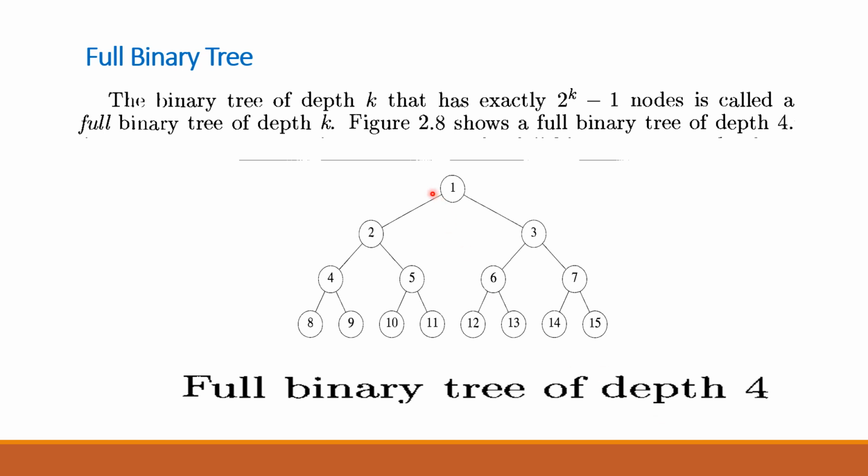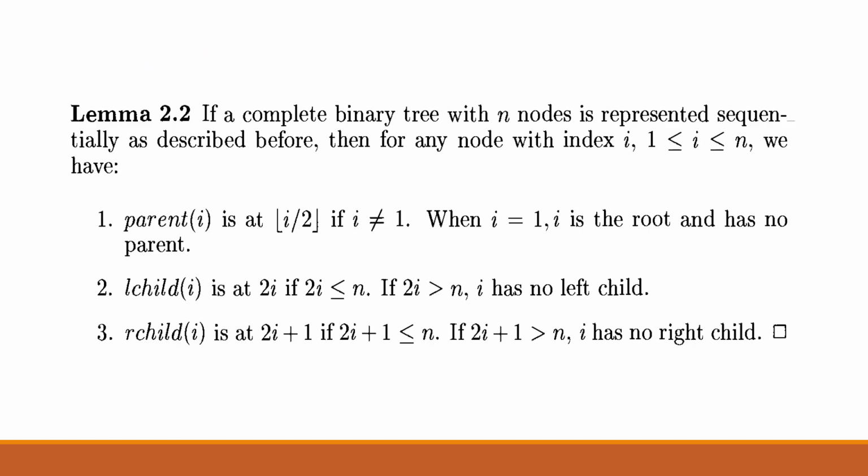This is depth 1, depth 2, depth 3 and depth 4, which is also called level 0, level 1, level 2, level 3 and level 4. This is a diagrammatic representation of the full binary tree. This is an algorithm for the full complete binary tree. It contains n nodes, represented sequentially as described before.